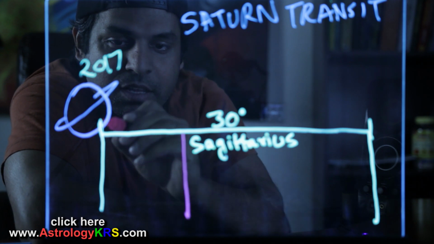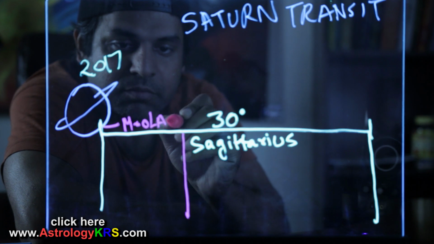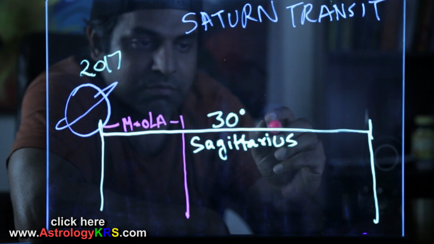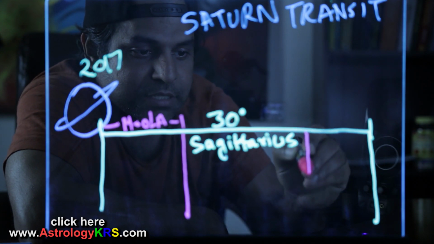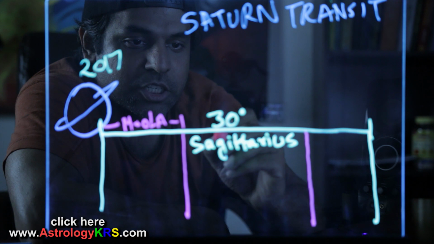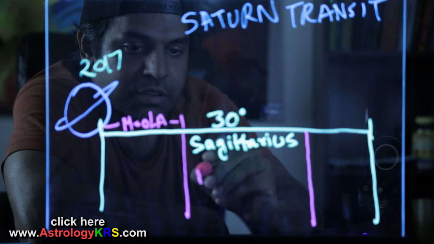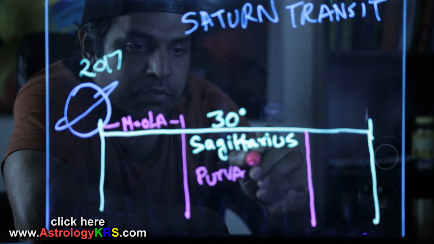Within the zodiac sign of Sagittarius, from 0 to 13.5 degrees, you have the nakshatra of Mula. Then from 13 to 26 degrees is the nakshatra of Purva Ashada.